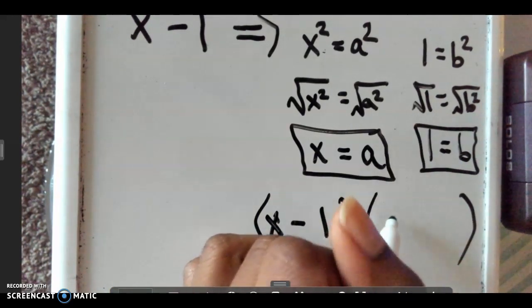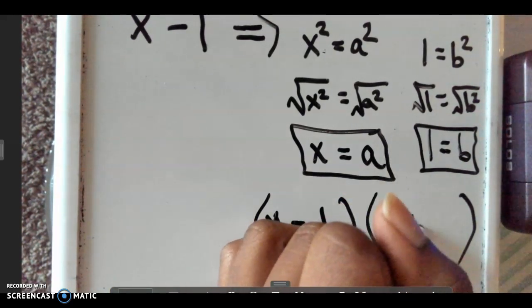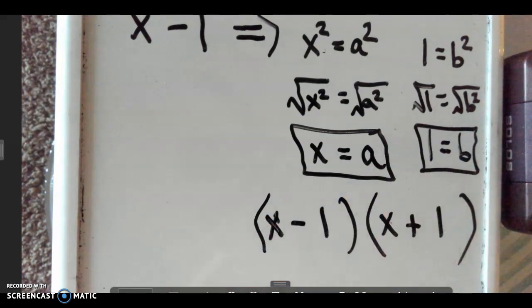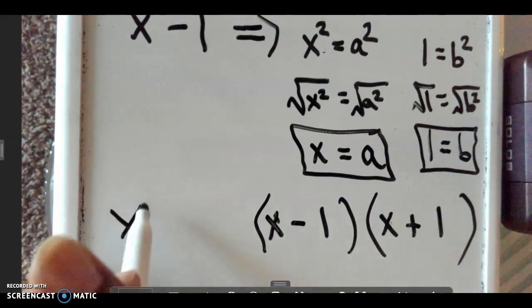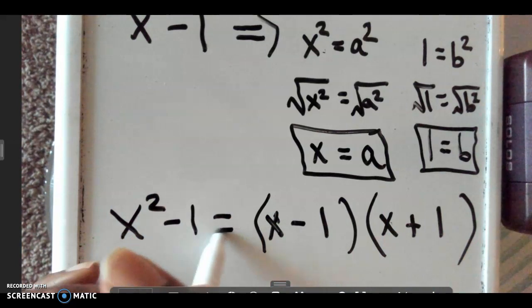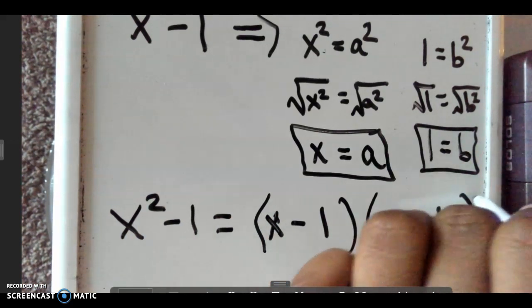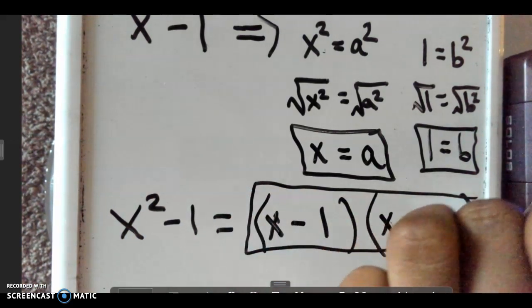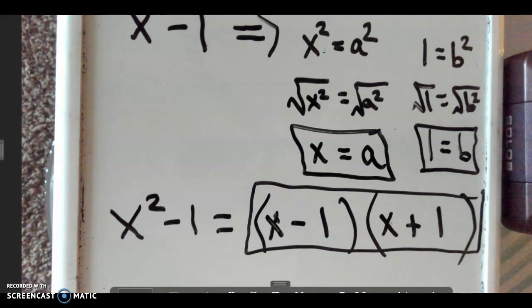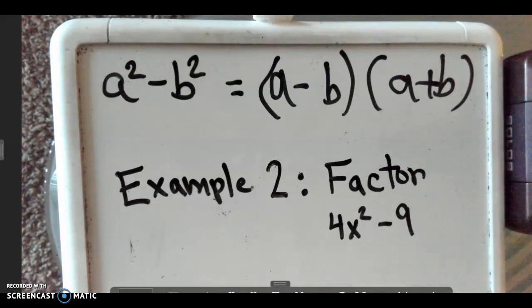Then the second one, we're going to have the a, which is x, plus the b, which is 1. So our factors of x squared minus 1 are x minus 1 and x plus 1. Example 2. So for example 2, I want you to factor 4x squared minus 9.